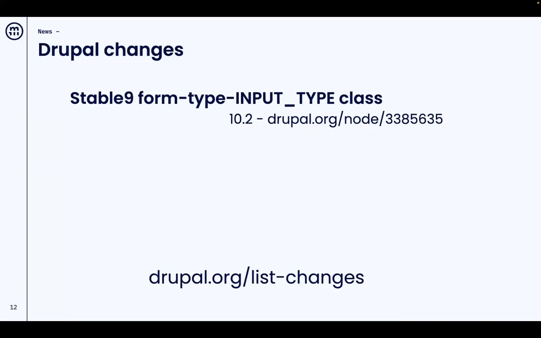So I know lots of sites are not sub-theming off of stable, but if you are, or if you're cloning the stable 9 theme, this will give you a little more flexibility in theming the forms.